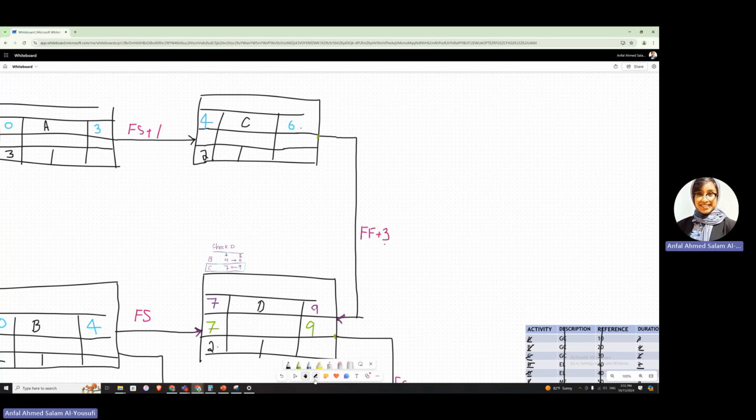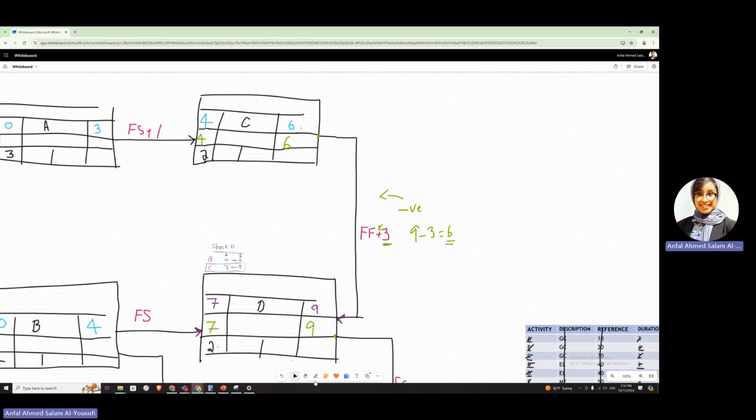So I need to make sure that I do 9 minus 3, because I'm having 3 here. Whenever it is plus and we are doing the backward pass, if it is positive, it would change to negative. So 9 minus 3 would give us a 6. That is when we're going to put 6. So 6 minus 2, that is a 4.